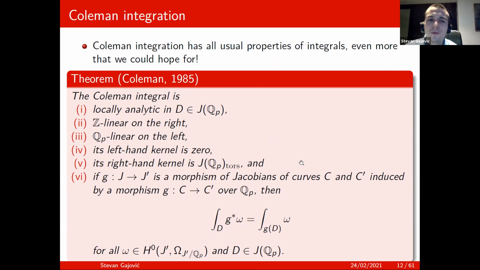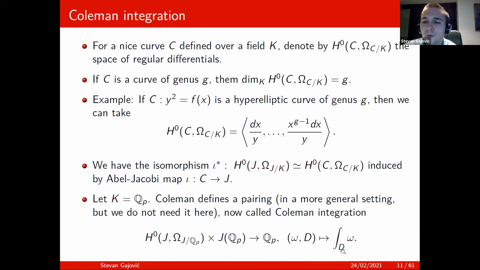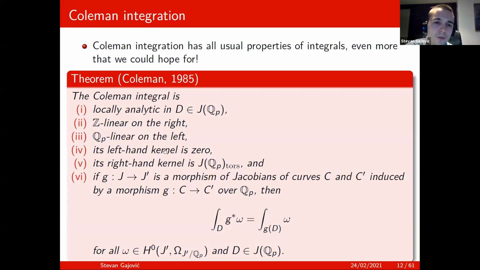Then, of course, what we want from integration is that it be additive in endpoints. This means Z-linear in D. So it is additive in endpoints, and it is linear in the integrand, so it is Q_p-linear on the left, meaning in omega. And we can describe its kernels. We don't need to take care of it now, but we can easily describe the kernel from the left and from the right.